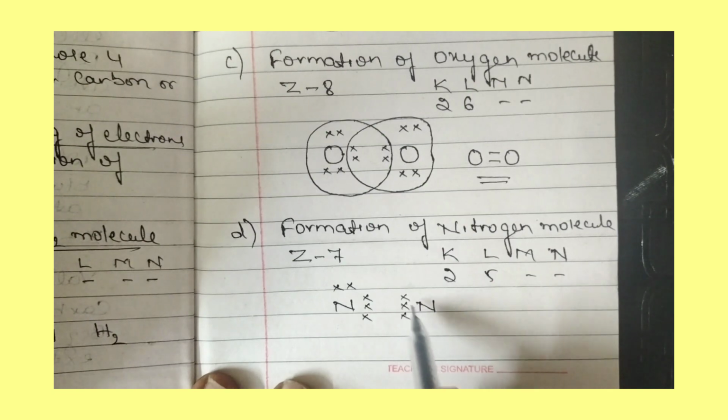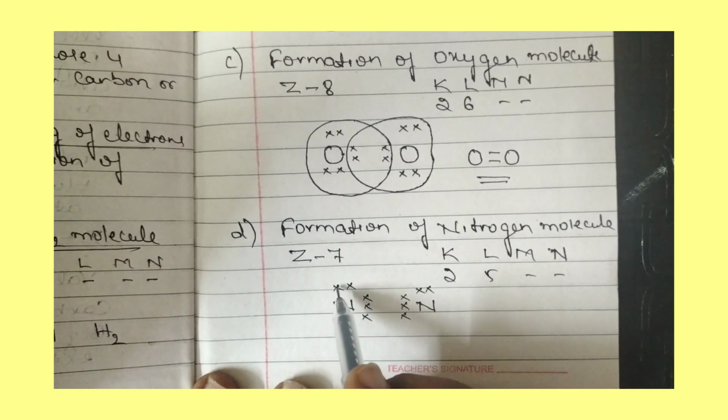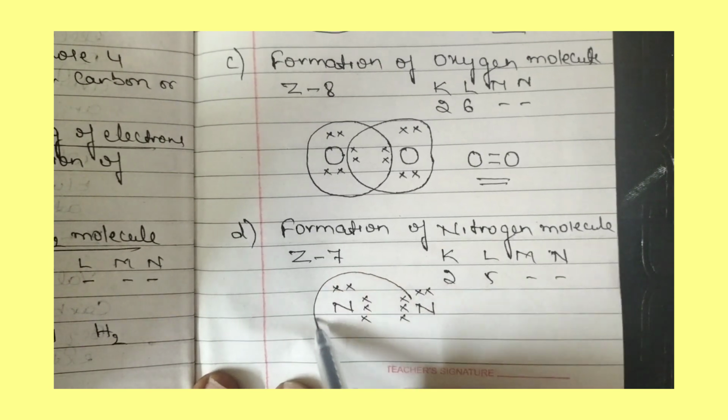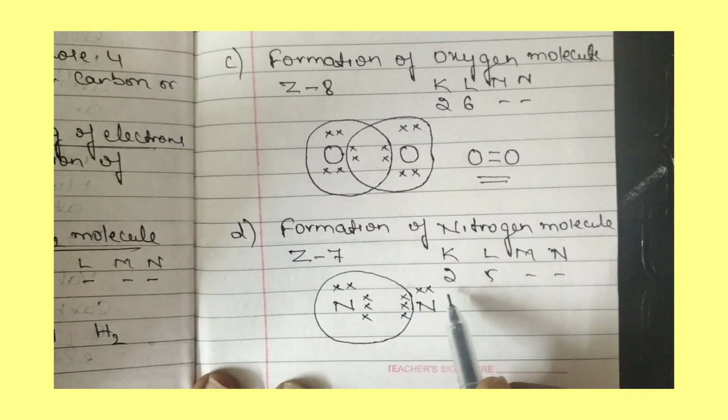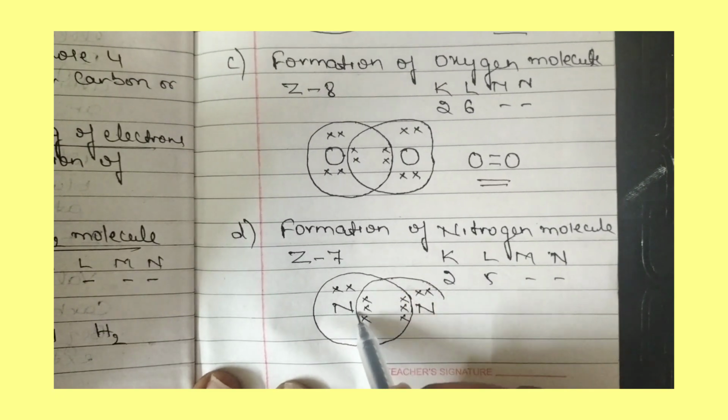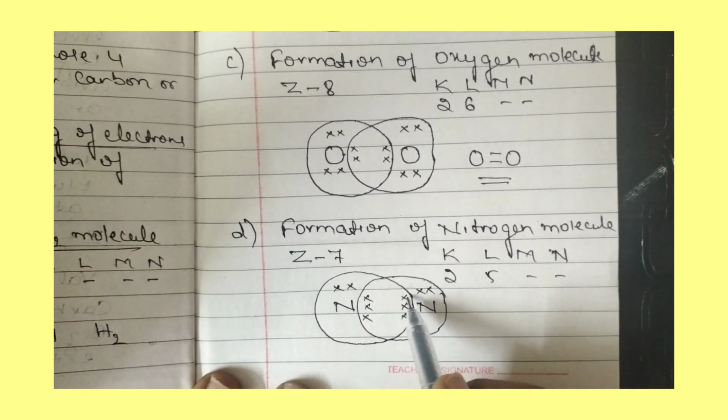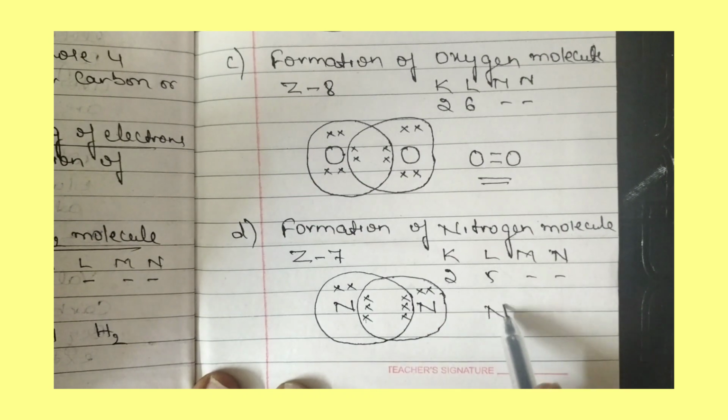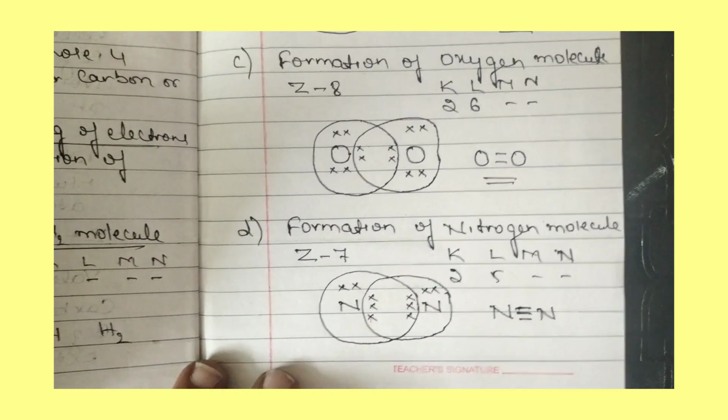This nitrogen atom has 5, and by sharing 3 electrons with the other it completes its shell. 5 plus 3 is 8. So N triple bond N. One nitrogen atom combines with another nitrogen atom to form a molecule of nitrogen. So this is the formation of nitrogen molecule.